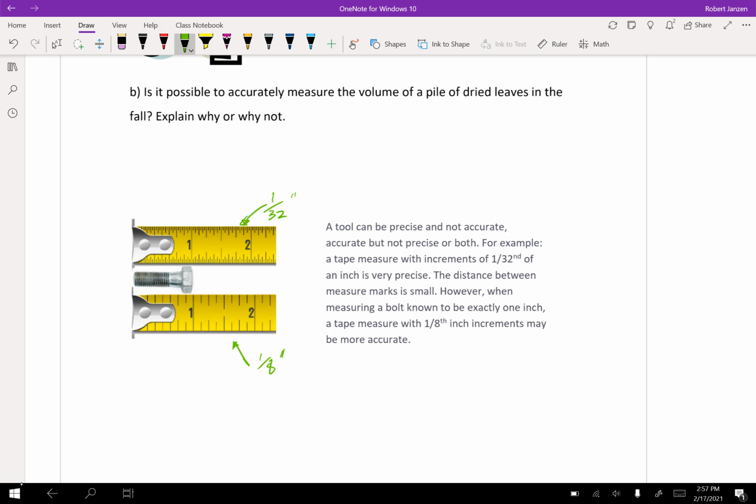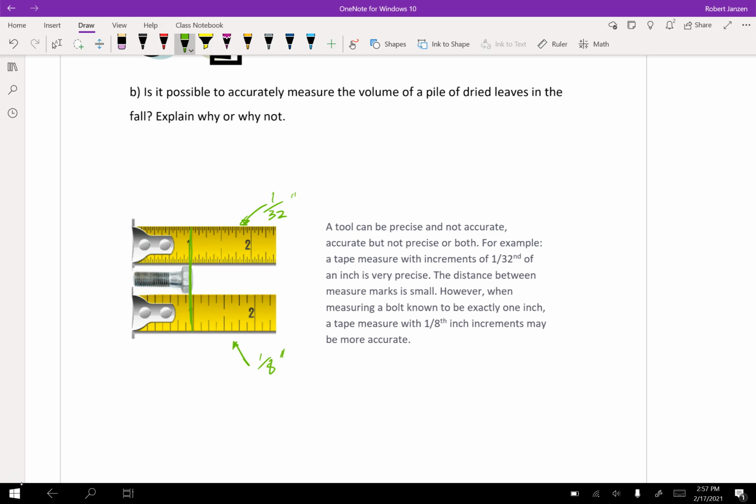However, when measuring a bolt known to be exactly 1 inch long, a tape measure with 1/8 inch increments may be more accurate. Maybe, I don't know. To me, this looks pretty obvious. Whether you use either ruler, it's 1 inch.